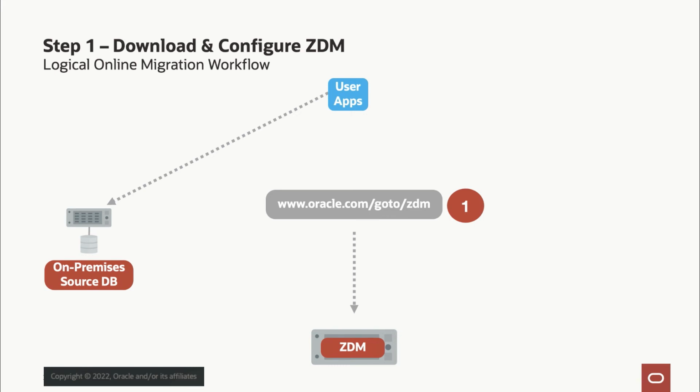Same steps apply: downloading ZDM on a VM running Oracle Linux 7, and then configuring the product. After installation and proper configuration, pre-feed the response file with all the information regarding the source database, target database, back application, Golden Gate hub, etc. And then issue the migration command so that ZDM will start the migration process.